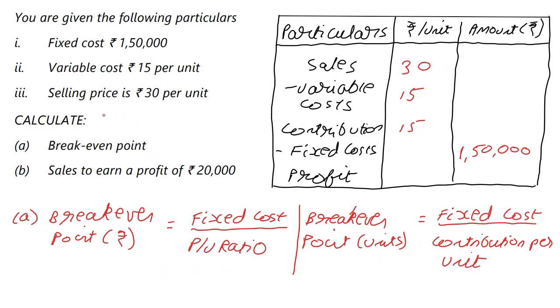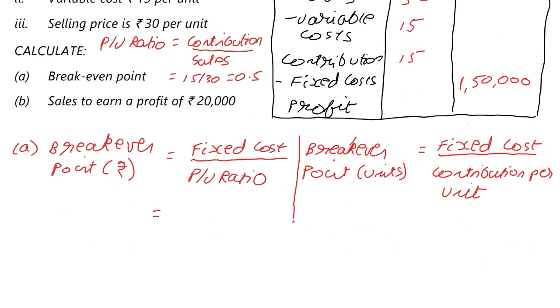Now what's the first thing we need to do? Find out the PV ratio. PV ratio is equal to contribution upon sales, which is equal to 15, we can do it on a per unit basis, so 15 upon 30, which gives me 0.5. Now I'm in a position to solve both of these.